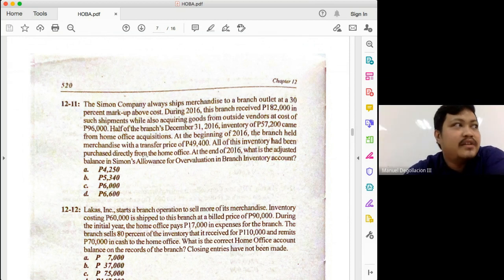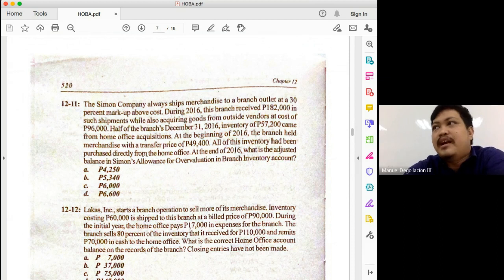And since the ending inventory is already given, why is our answer not simply 57,200 divided by 130% times 30%? And the reason is not the entire 57,200 has a markup. How do we know that not the entire 57,200 has a markup? It's because the problem tells us that half of the 57,200 came from the home office. Only one half came from the home office.